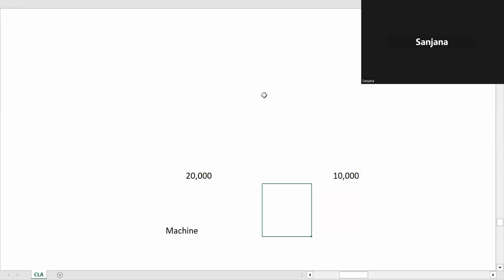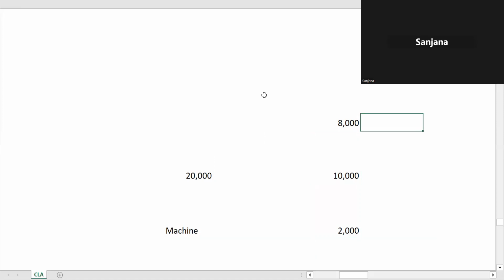And say there is a new machine which has come to the market, and including its depreciation, I have to spend only 2,000 on this. In that case I have an advantage of 8,000, correct? I am including the depreciation of the new machine and I have to spend only 2,000 annually, whereas with the old machine I have to spend 10,000. So every year I am getting a benefit of 8,000.